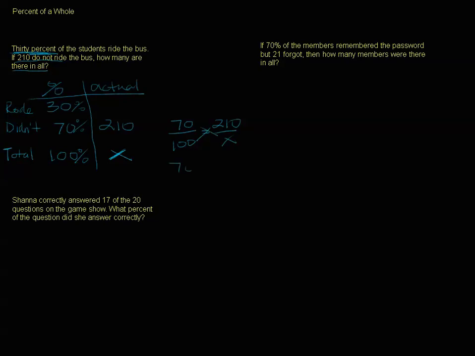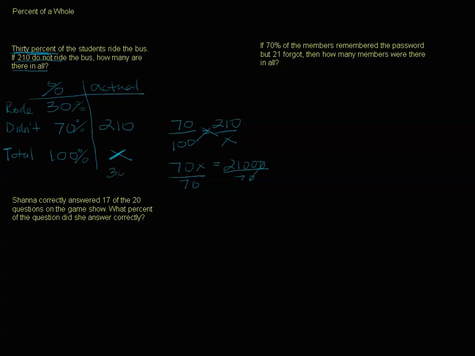So 70x equals 21,000. Divide by 70. We can cross that off, reduce by 10. Now 7 goes into 21 3 times, so it's going to be 300.